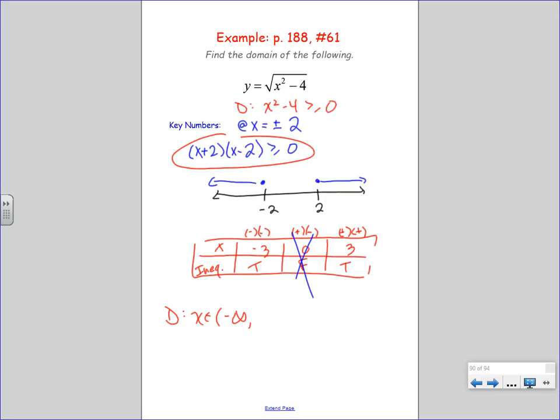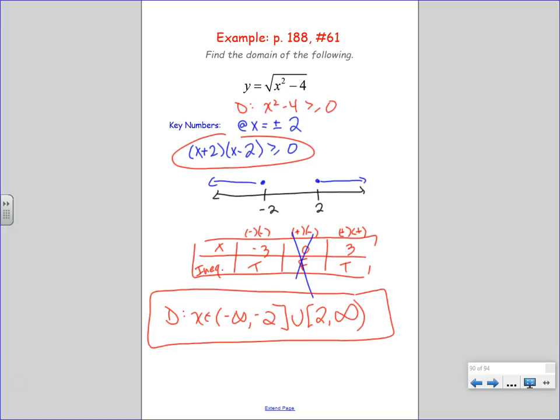Look at your number line. With the -2 bracket, with the brackets. Or, and then 2. Look at you guys rocking the nasty domain of a quadratic and a square root.